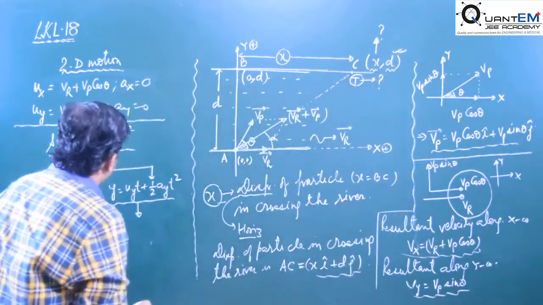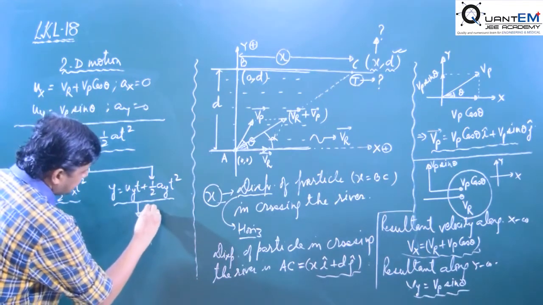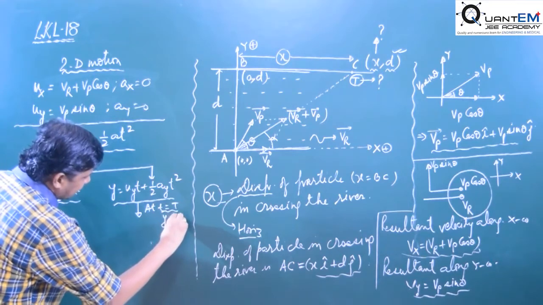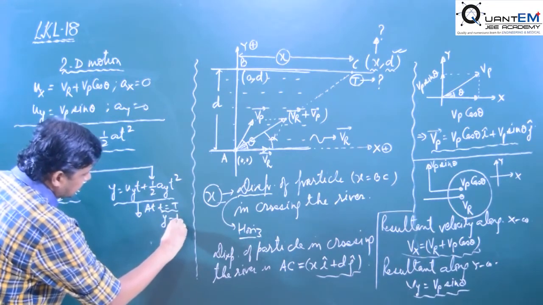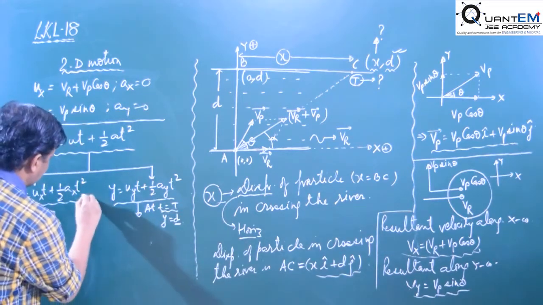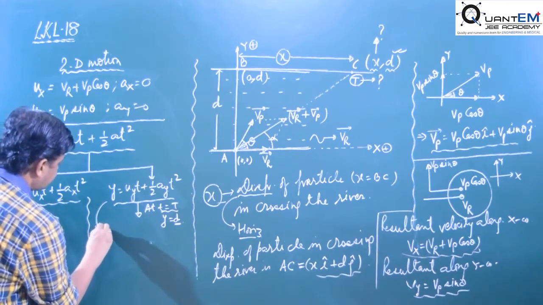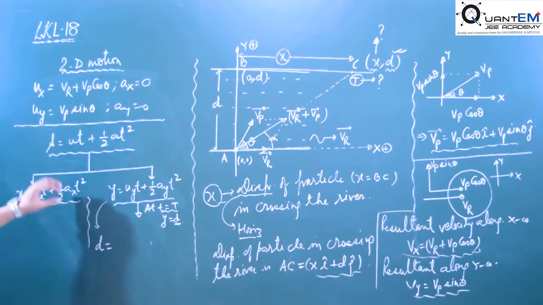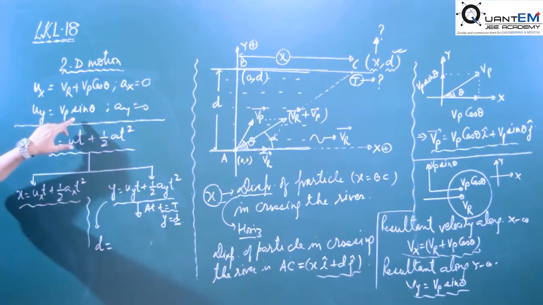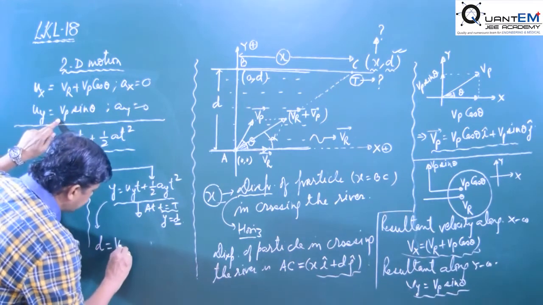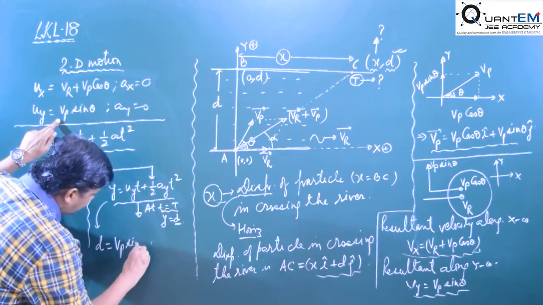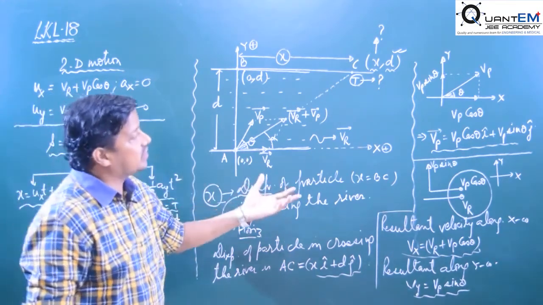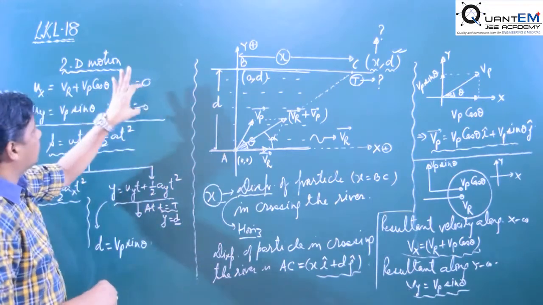Okay. So at t is equal to t, we have y is equal to what? d, that is the width of the river. So using the formula, what do we get? d is equal to, what is uy? uy is Vp sin theta. Okay. So we take Vp sin theta. This question may be asked with acceleration also, that's why we have taken this concept ax and ay.